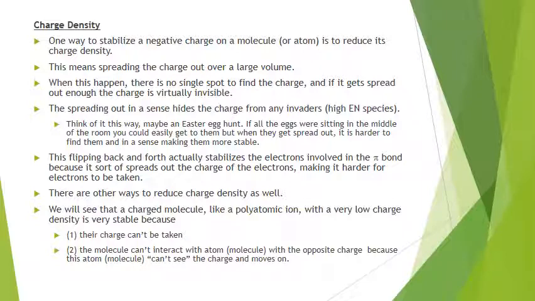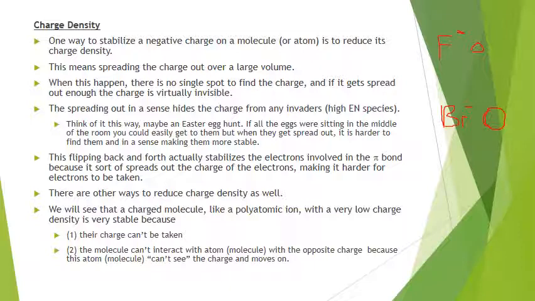So if an atom has a negative charge on it, any atom, let's take a look at, compare fluorine F minus to bromine Br minus.